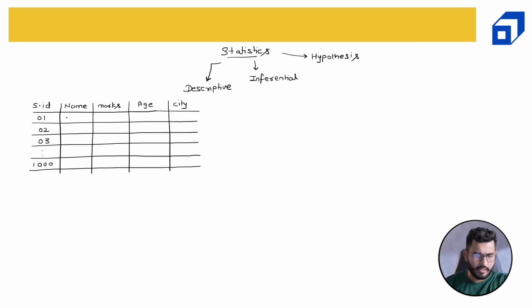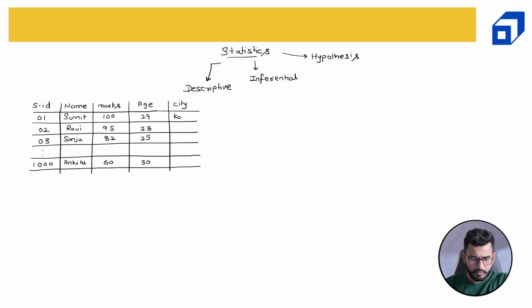Names are, let's say, Sumit, maybe Ravi, Sanju, and Ankita. Then marks, let's say 100, 95, 82, maybe this is 60. Then age, let's say 29, 28, 25, and 30.